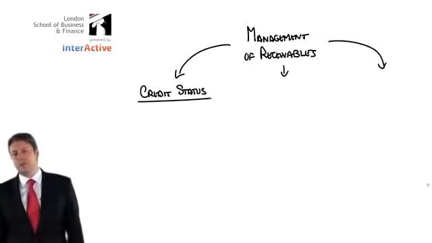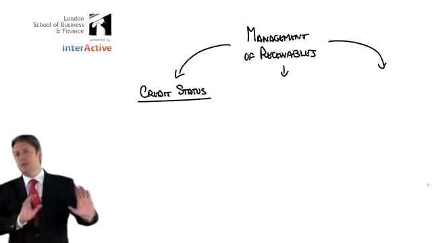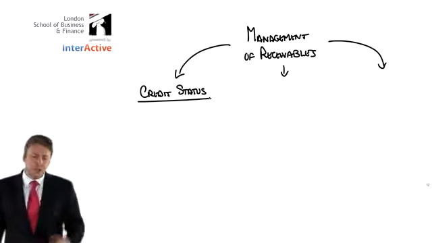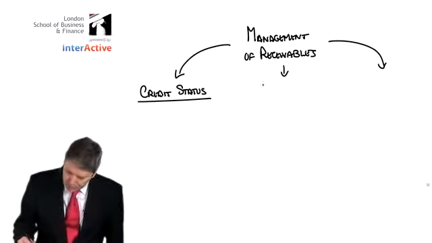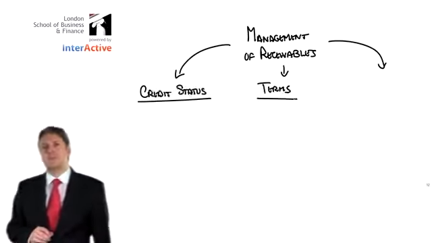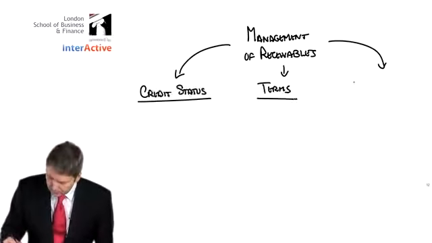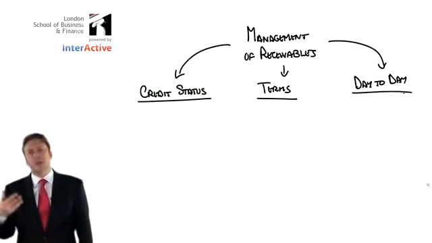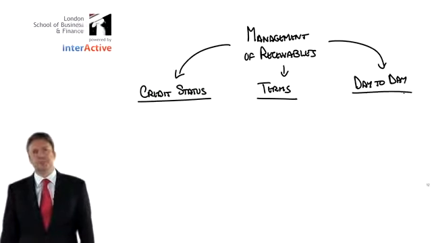Should we be offering them credit, or should we not be touching them with a barge pole? Secondly, what terms should we offer them? And thirdly, how should we act on a day-to-day basis to make sure that people pay their debts as they fall due?